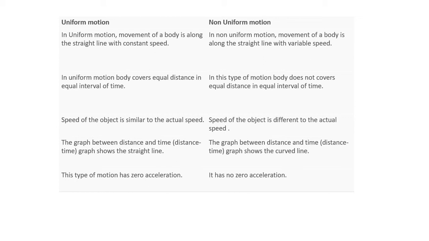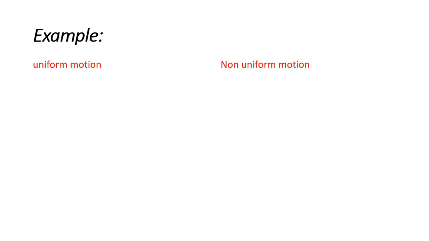Next I will give you some examples of uniform motion and non-uniform motion. When I teach you some numerical problems, you will clearly understand what is uniform. It will clear your doubts about uniform and non-uniform motion.